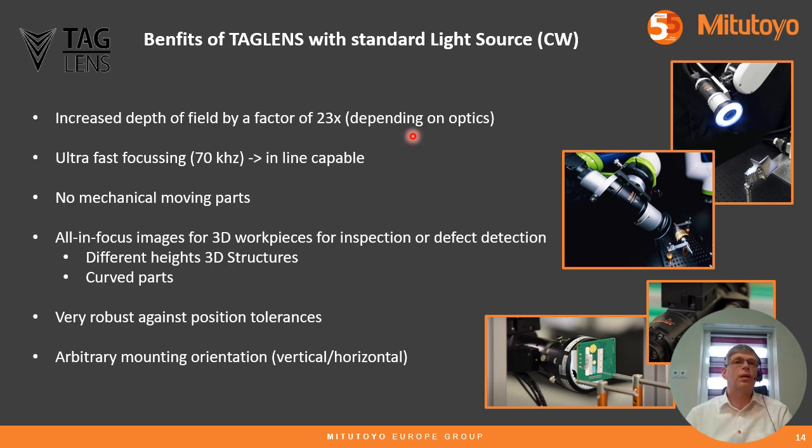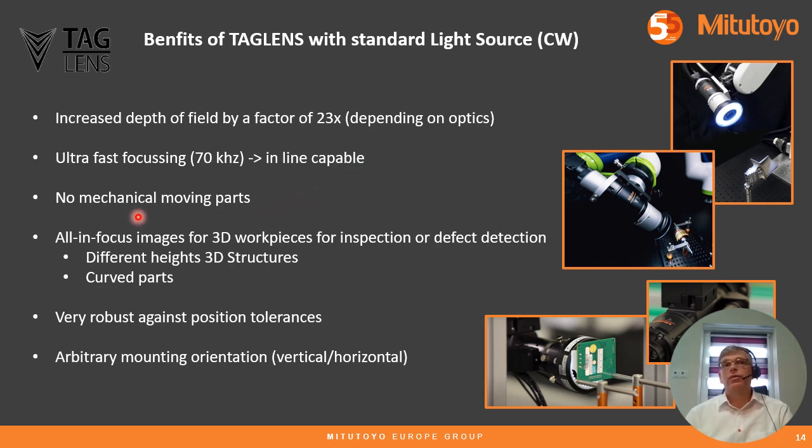So we get a much higher depth of focus. The scanning frequency is very fast, 70 kilohertz. Therefore, even for moving parts like an inline application, the TAG lens is capable.